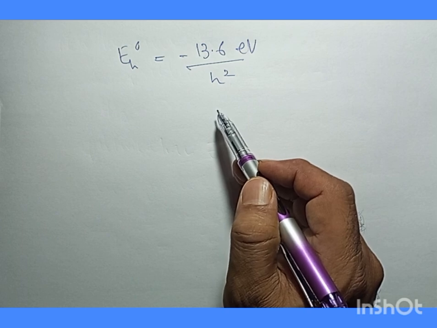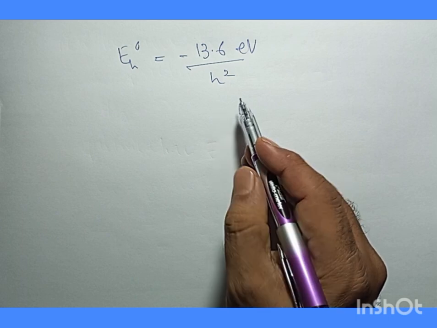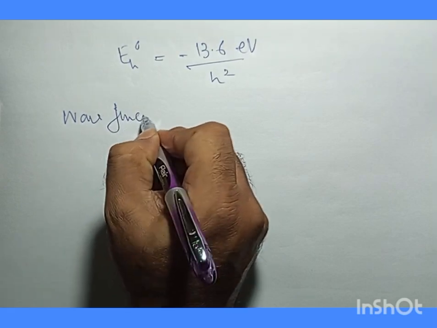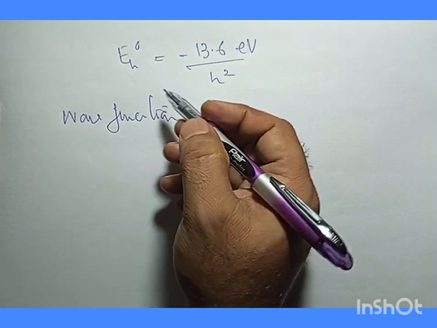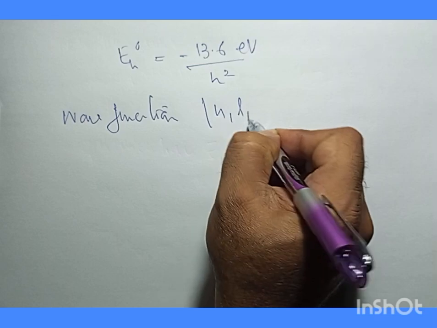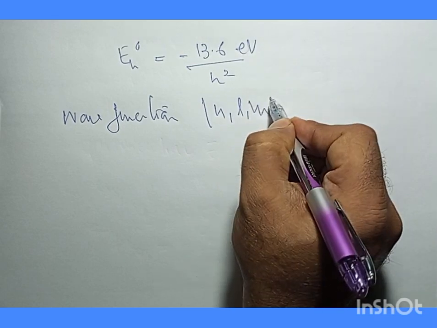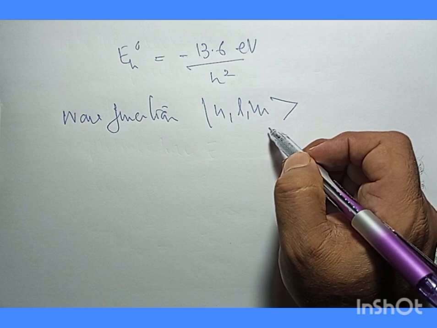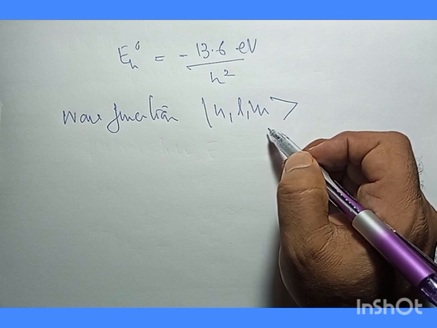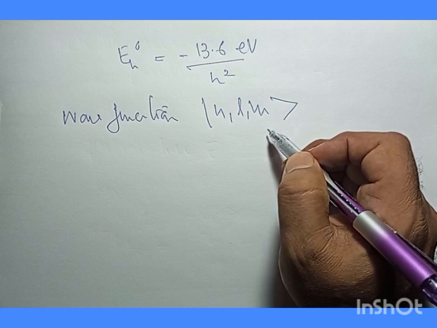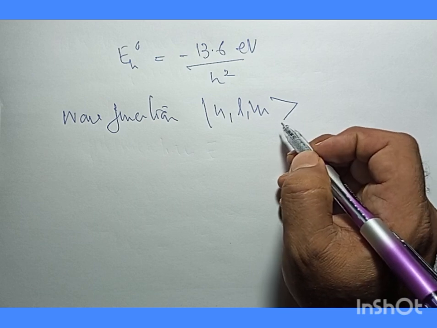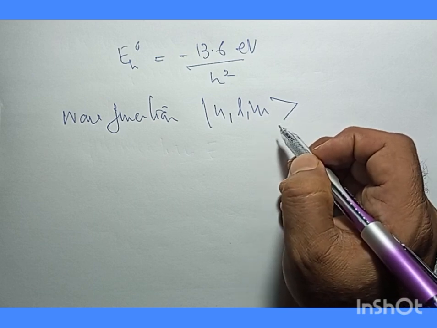The wave functions are labeled n, l, and m, where l is the orbital angular momentum and m is its projection, also called the magnetic quantum number.